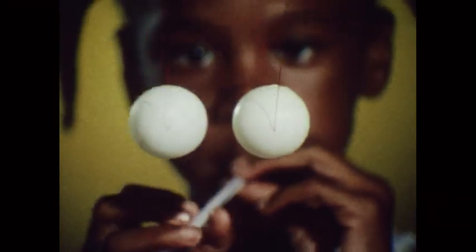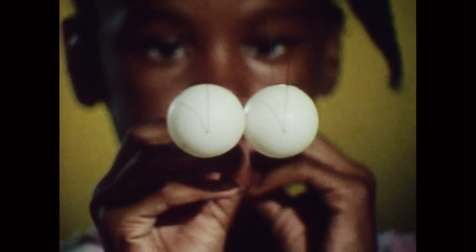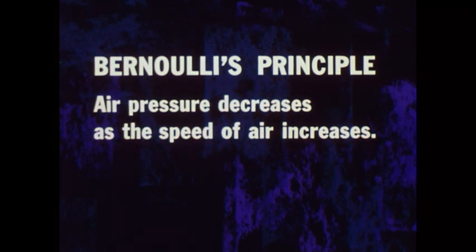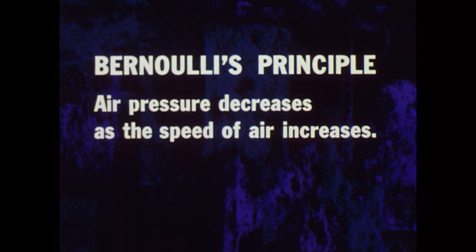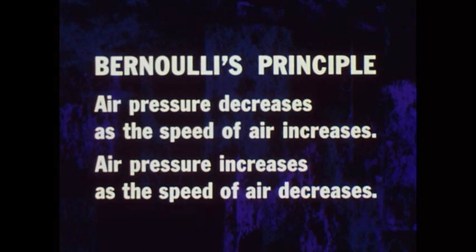Are you surprised? Instead of flying apart, as you might have suspected, the balls come together. This demonstrates a law of physics called Bernoulli's principle, which states that air pressure decreases as the speed of air increases. And in a similar manner, air pressure increases as the speed of air decreases.